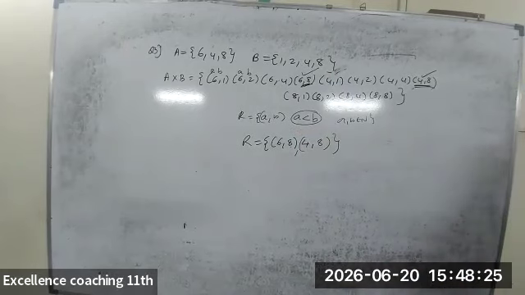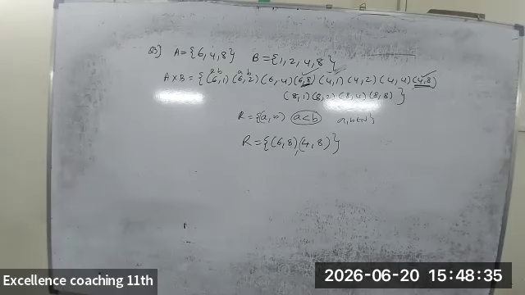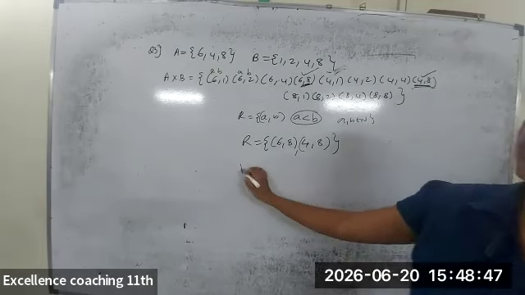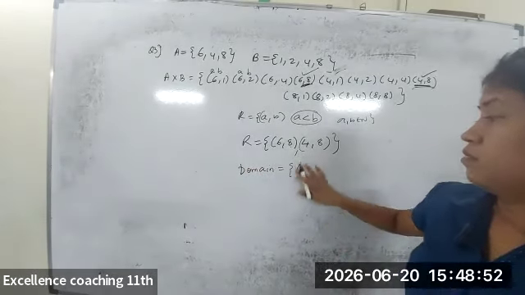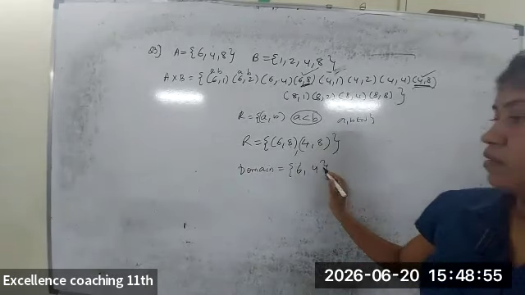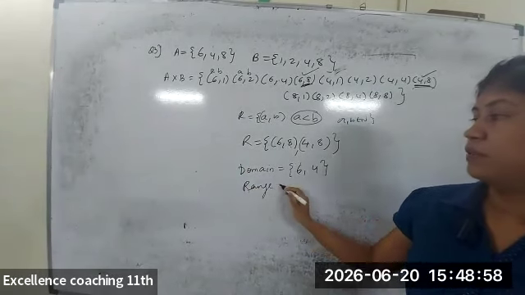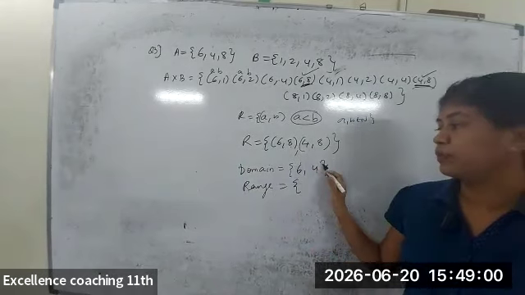Now write the domain, range and codomain. First write the domain, range, then write the codomain. Use curly brackets for this, and don't put brackets and all.